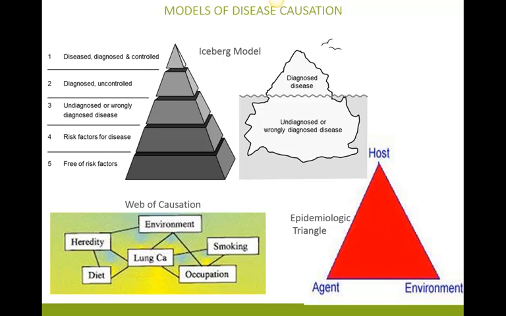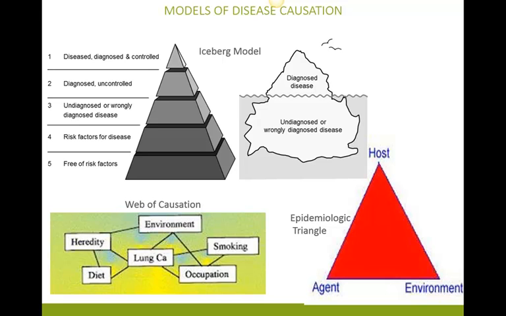So with the iceberg model we make a screening attempt. We try to screen and uncover the iceberg of disease. The aim is to reverse, halt, or slow the progression of the disease. By screening, we can identify those undiagnosed or wrongly diagnosed diseases.